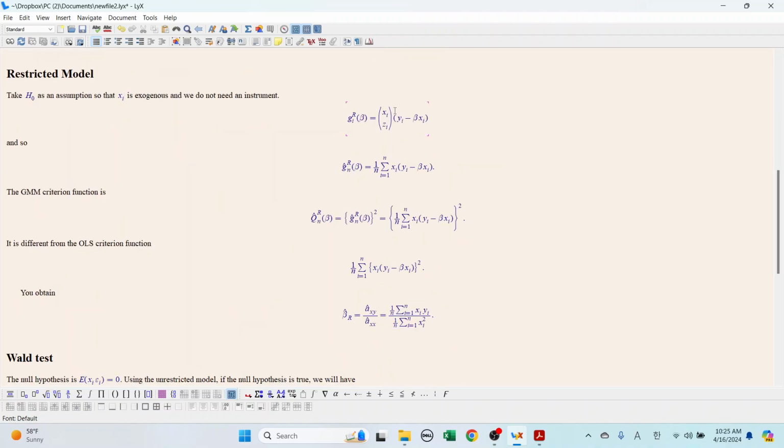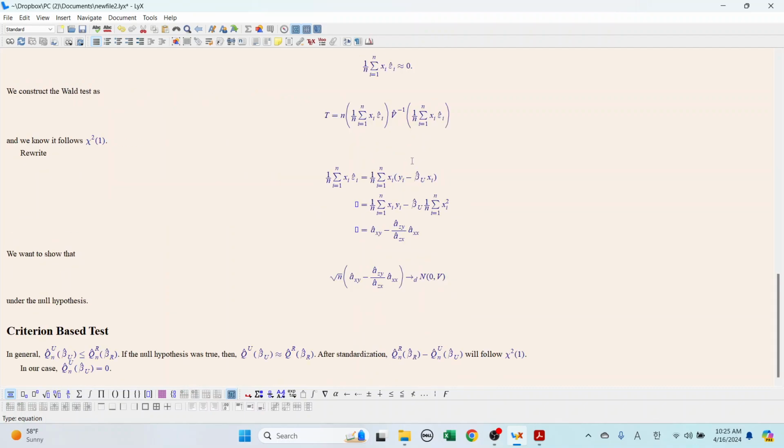But that is okay in the unrestricted model. In the restricted model, if you do not use the instrument, then you are in the same situation: one moment restriction with one parameter. If you use only one restriction, you are going to get another 0 from the restricted model. This is wrong.